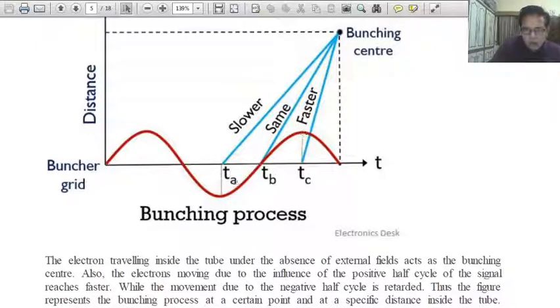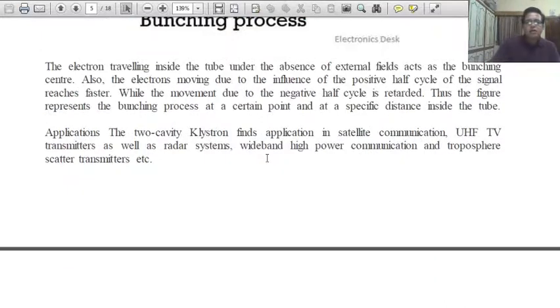Point to be noted that we are considering the portion where velocity is increasing, that means potential going from negative to positive. We are considering such a point for this process.